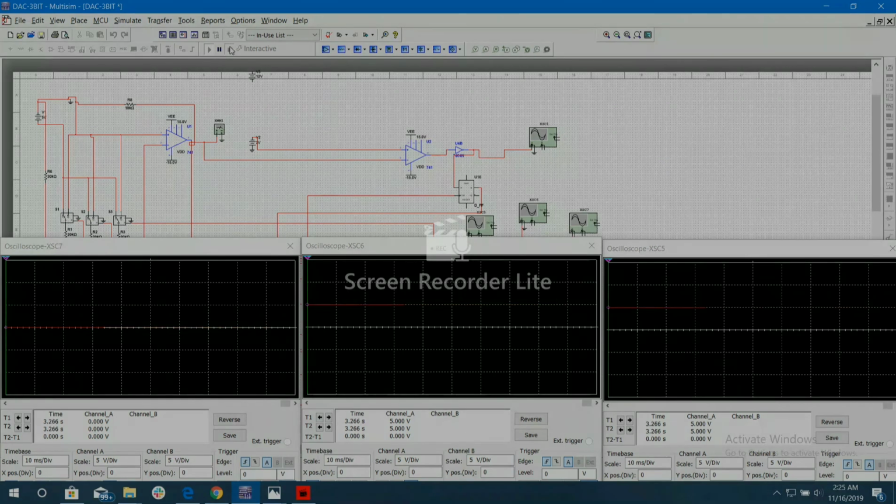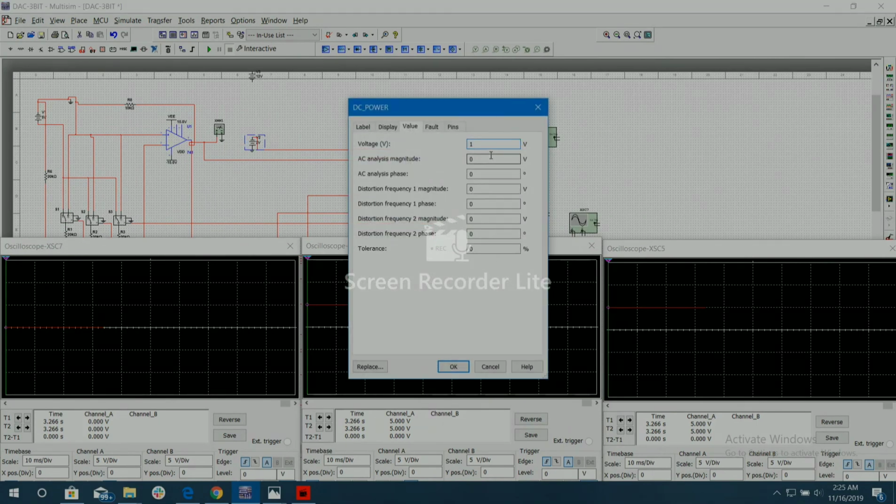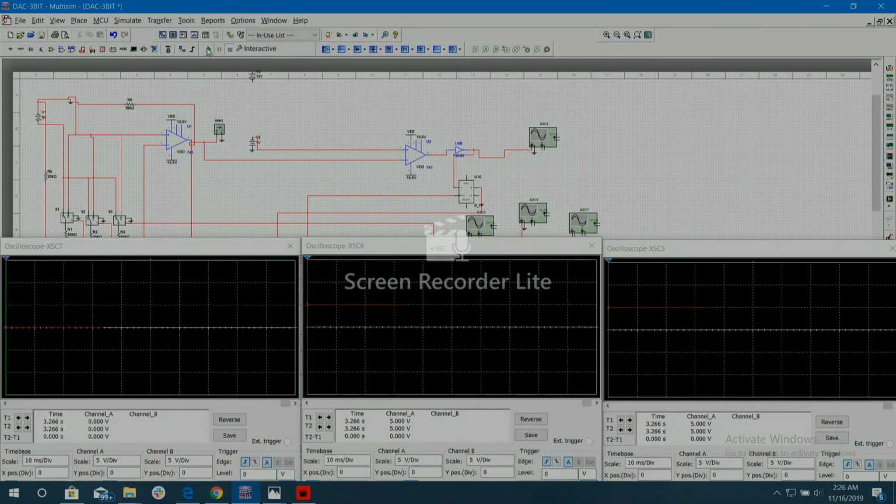Let's check for 1 volt. For 1 volt, the ADC output value should be 001. So let's check. Yes, we got 001.